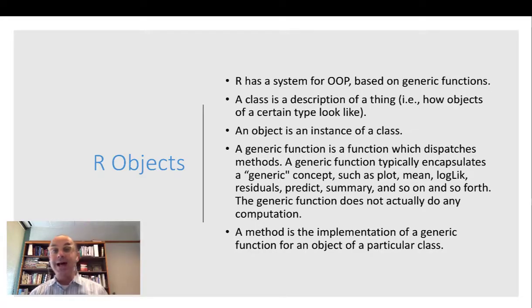So R has a generic function. As you already know, one of the assignments for module number 6 is basically to generate basic functions. So a class is a description of a thing, how an object of a certain type looks. The object, in this case, is an instance of a class.